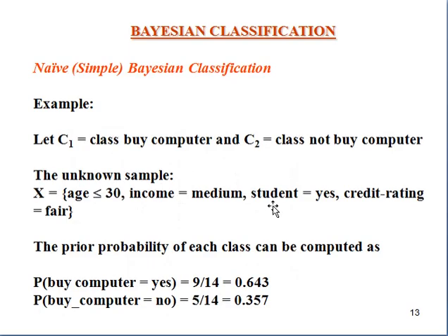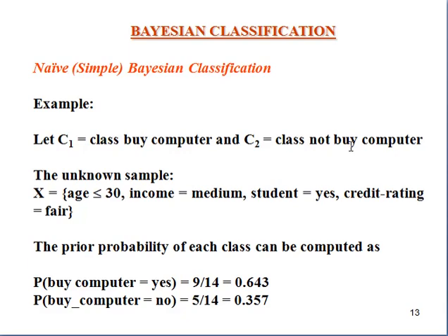Now let C1 be the class which represents that the individual will buy a computer. On the other hand, C2 is a class which represents that the individual will not buy the computer, right?